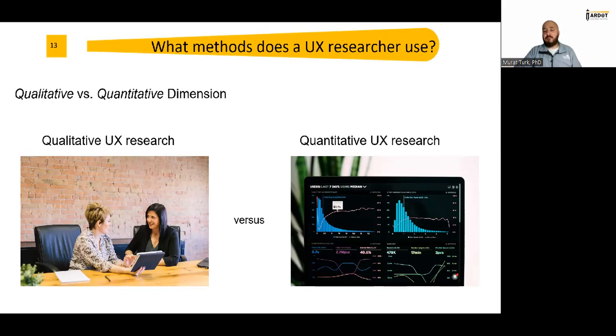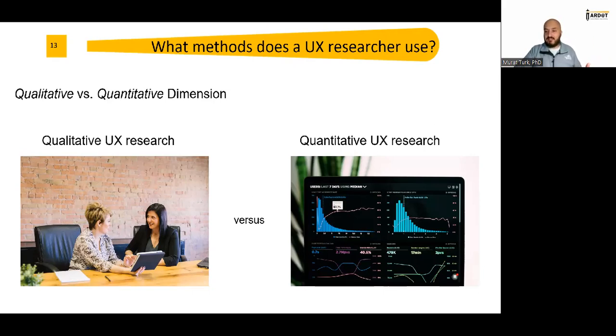And basically, UX research specialists use quantitative UX research methods, including data analytics, click streams, to answer such questions as how much, how many, and how often, right? These are the basic questions. So quantitative usability testing or benchmark usability tests, which are used to collect certain metrics and compare different designs to track their progress and performance.